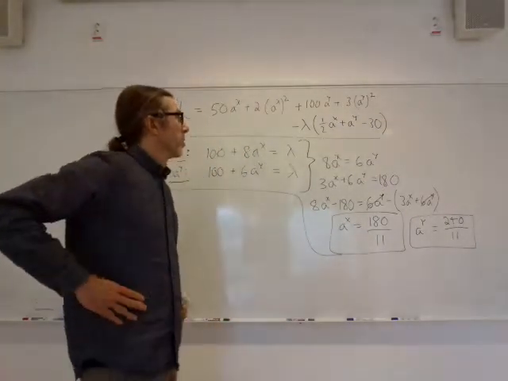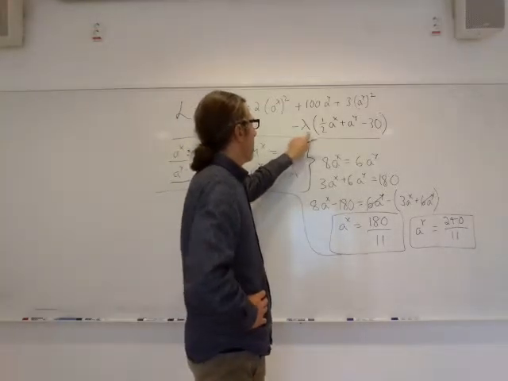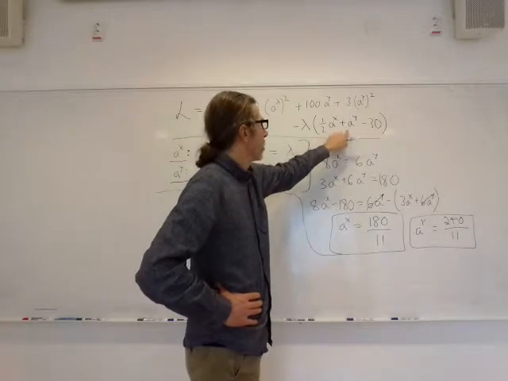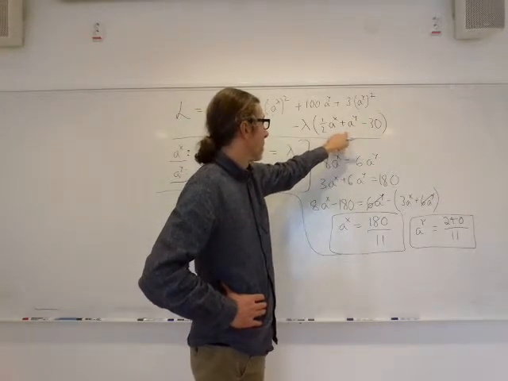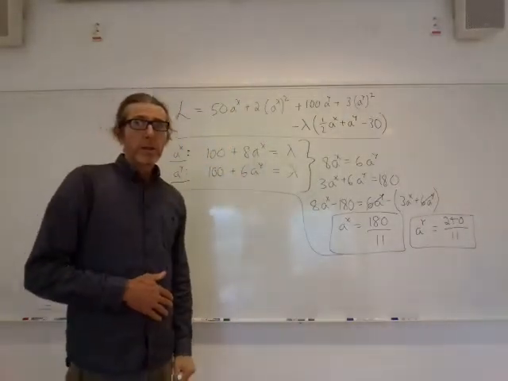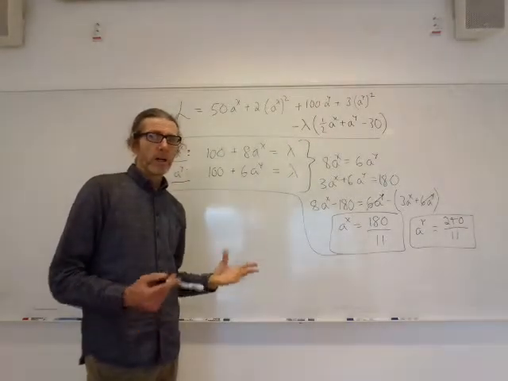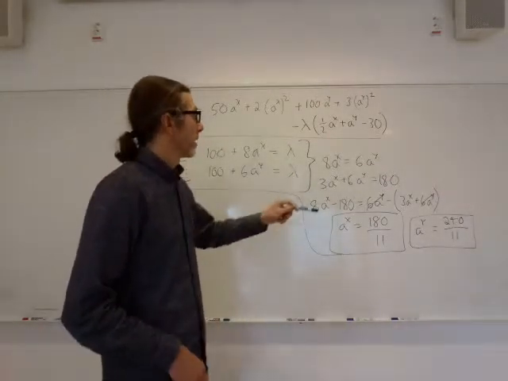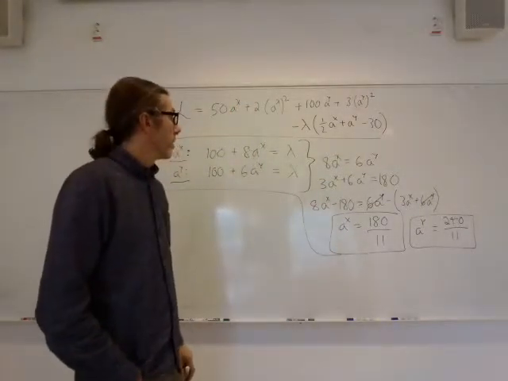Or we could just do a bit more thinking and say, look, lambda here is the shadow cost of emissions by firm Y, the way we've set this up. And we know that the charge on firm Y should be equal to the shadow cost of emissions by that firm from theory.